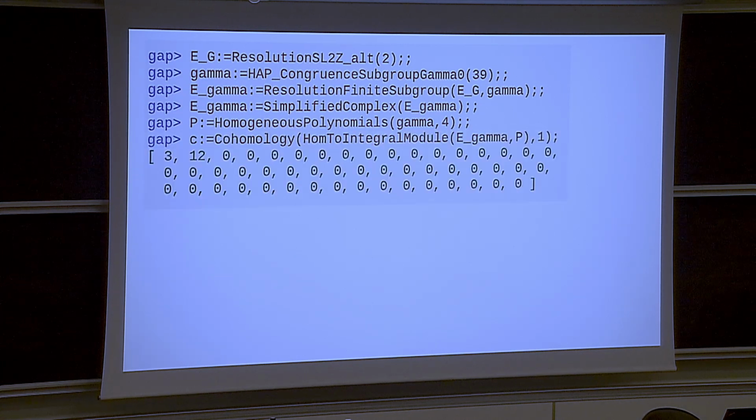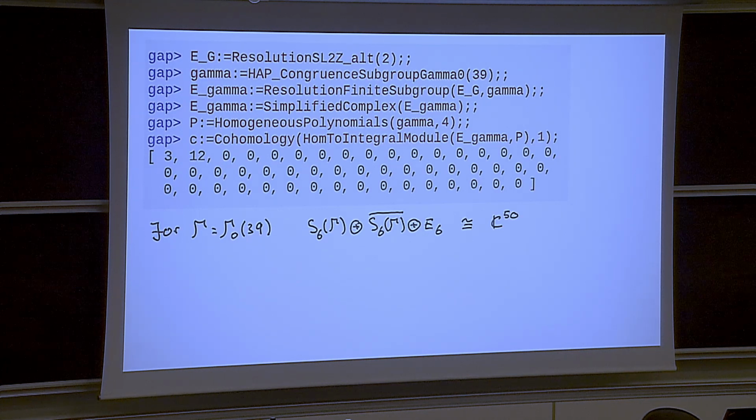Then you take the Hom to the integral module of this resolution with coefficients in the module P, and you construct a cochain complex, and then you work out the cohomology in degree 1, and you find that it's Z3 plus Z12 plus so many copies of Z.